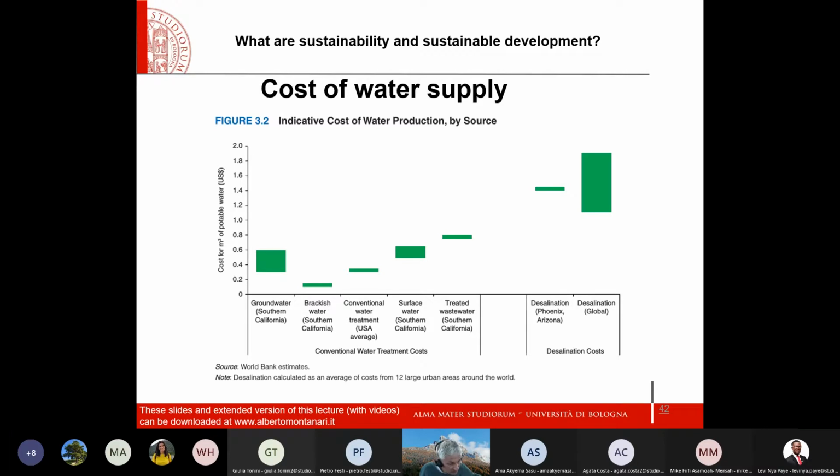So from the economic perspective, my reply to your question is that you need to make an assessment at the local level. It may happen that groundwater is cheaper, and in this case, one may say, I don't see any problem in using it.